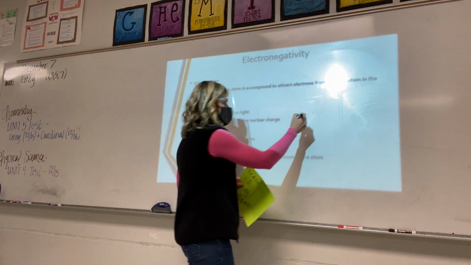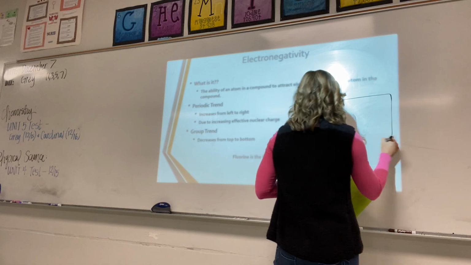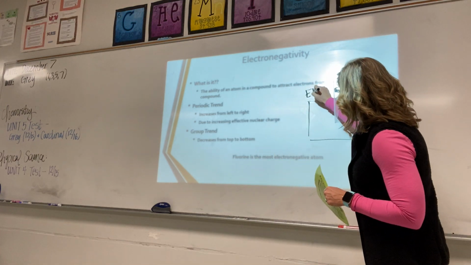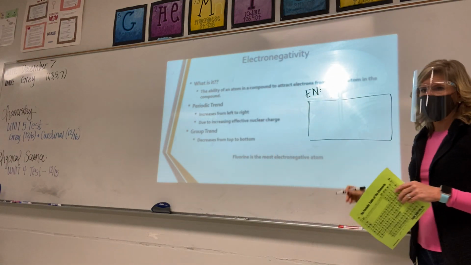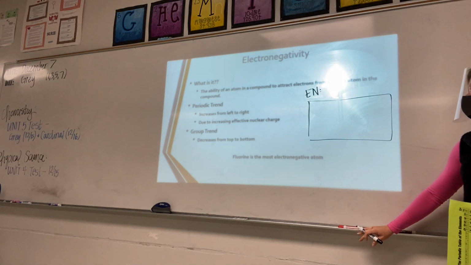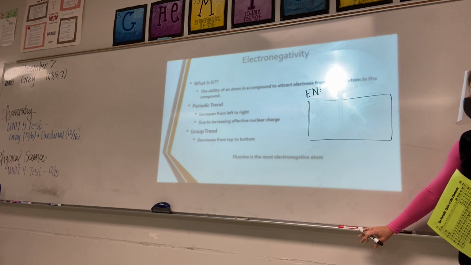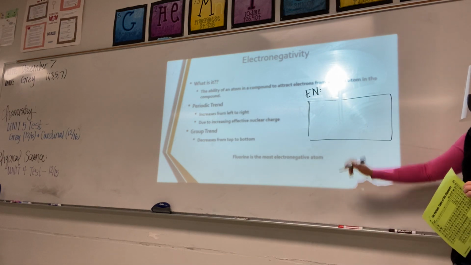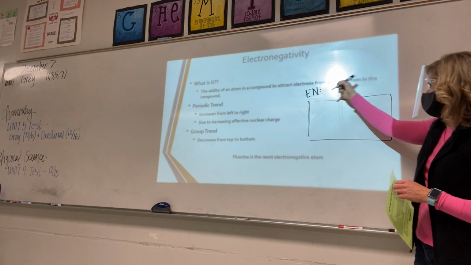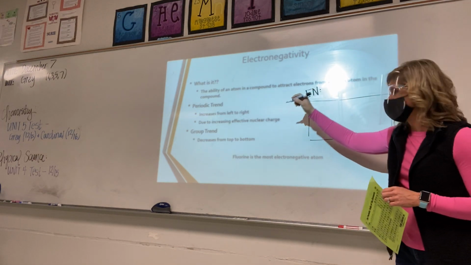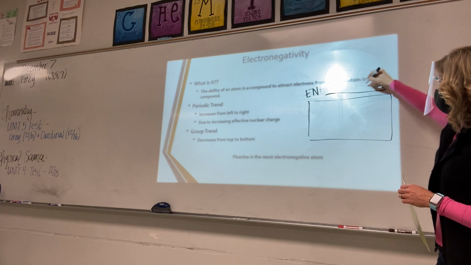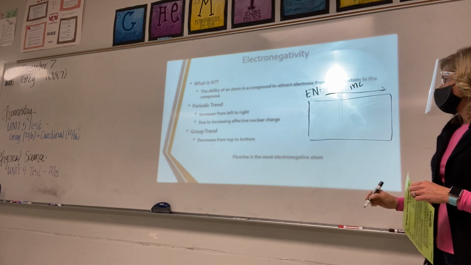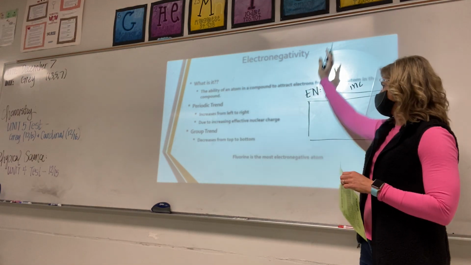I want to do the same thing as we just did for our trends. This time, I'm going to abbreviate it EN, electronegativity. So once again, which way are we increasing? To the right or to the left? To the right. How about in the group? Down or up?